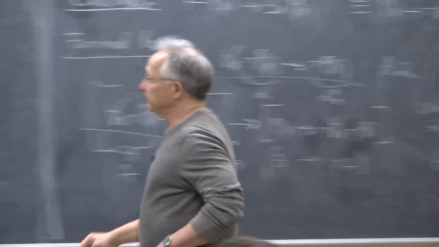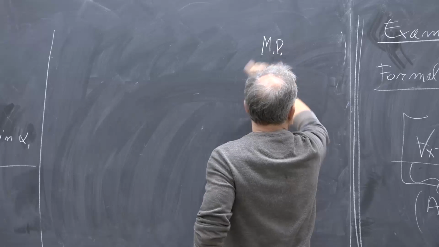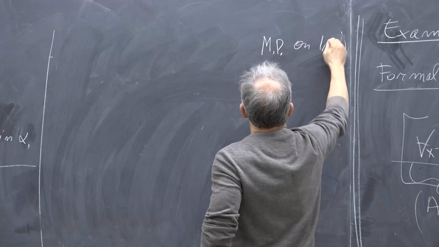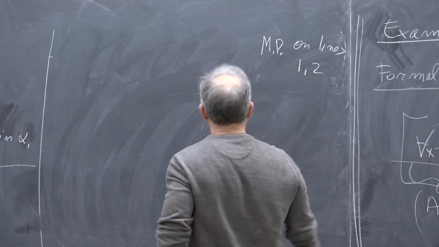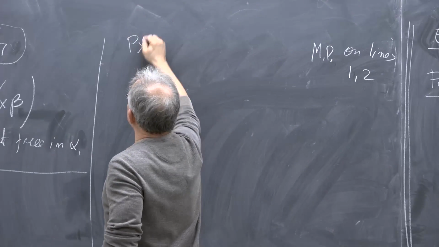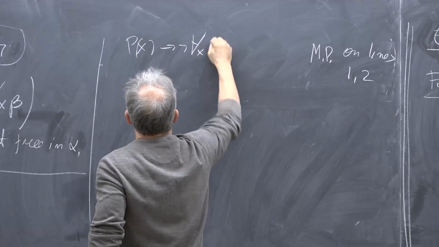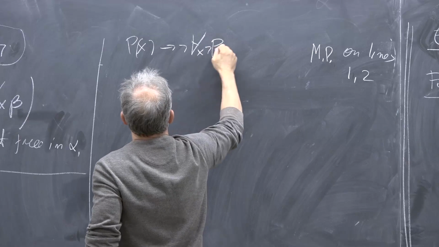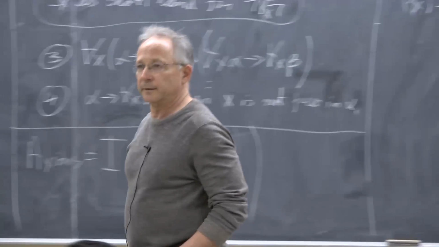So I can apply modus ponens on lines 1 and 2, and I get P of x arrows not for all x, not P of x, and this is exactly the formula that I wanted to prove.